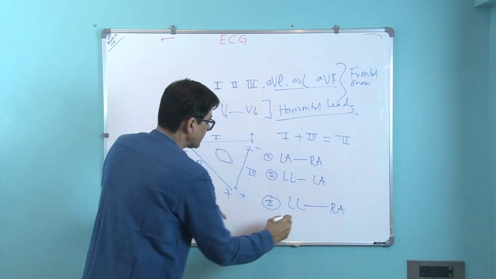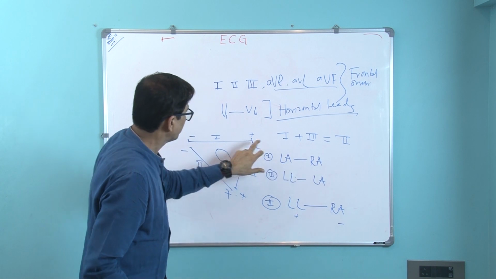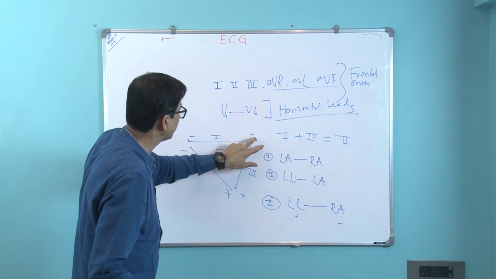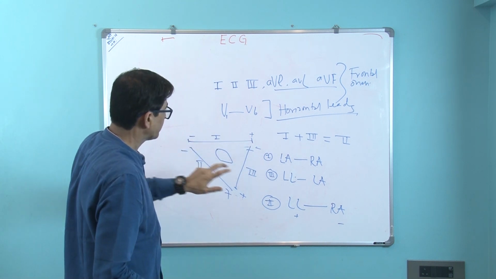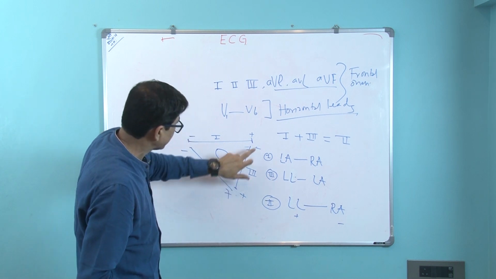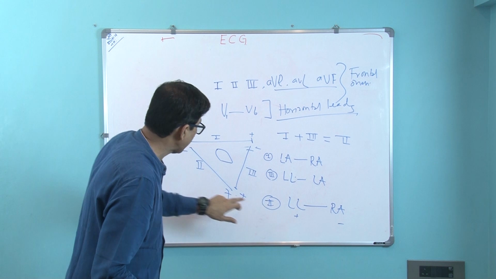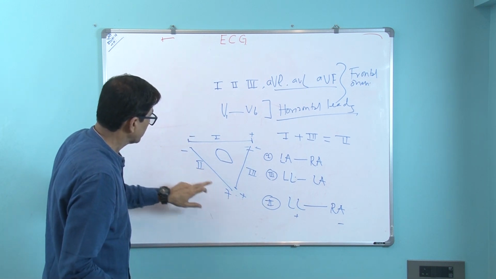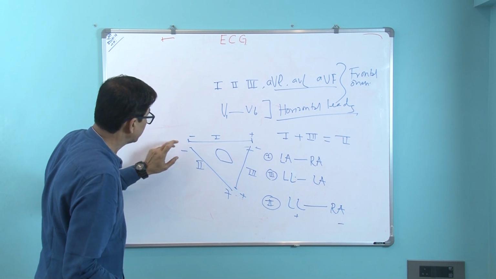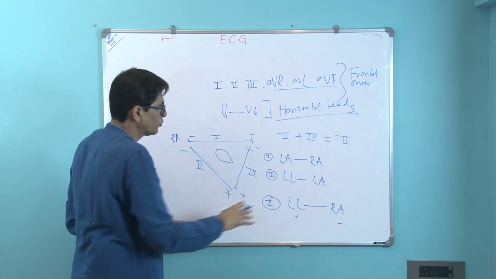Lead 1: left arm, right arm. Lead 3: left leg, left arm. Lead 2: left leg and right arm. You just go through it.